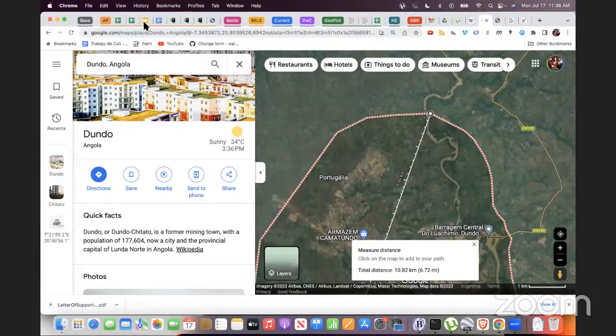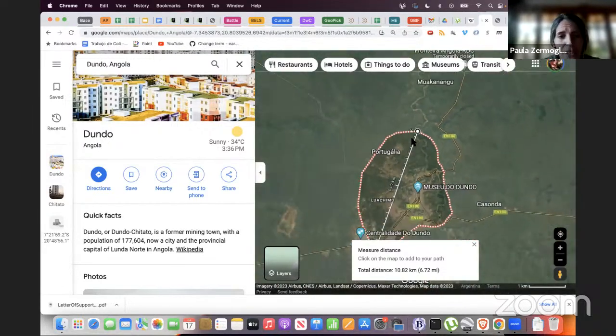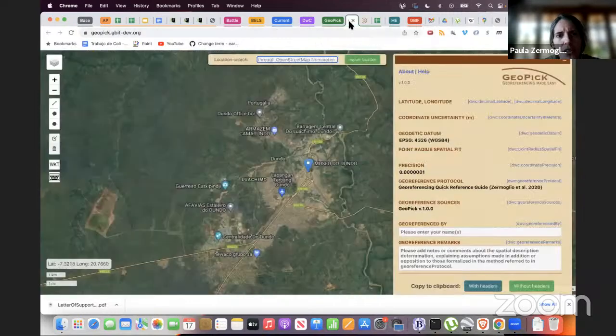I think the polygon is quite difficult to make. So what is the easiest way to find out if our polygon is good or not? That's an excellent question. The most difficult part of the whole georeferencing process is delimiting the features.